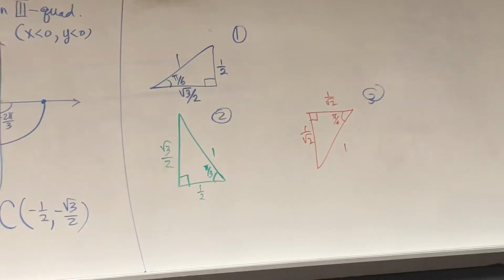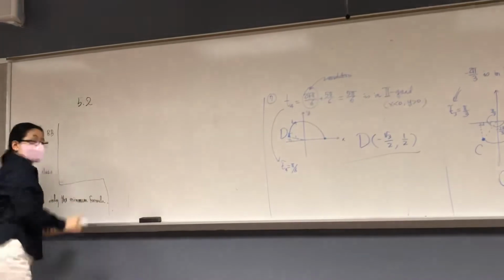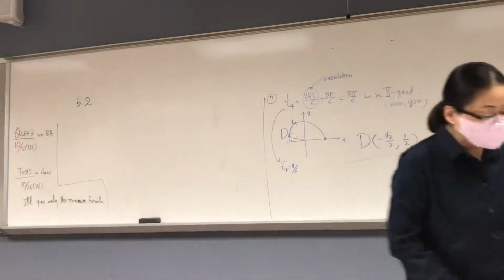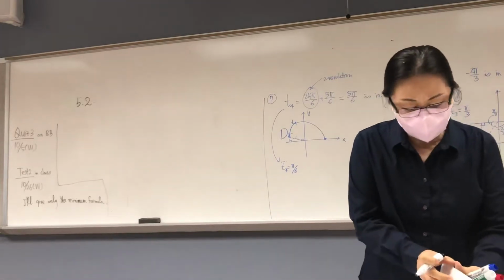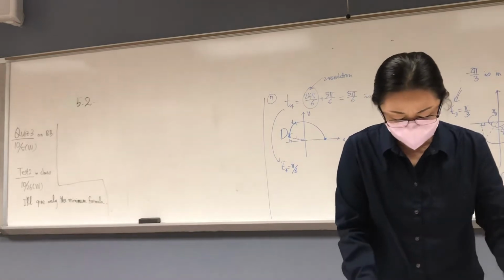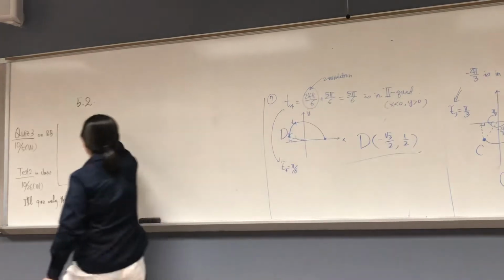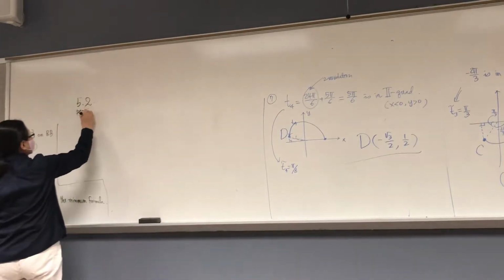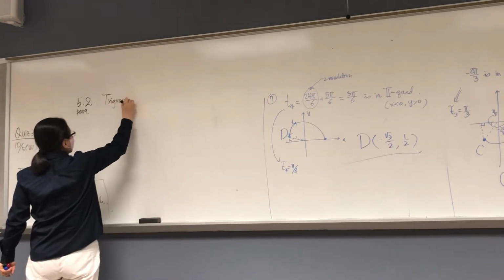Okay, so we finished section 1 and now move to section 2. In section 2, we will discuss why I skipped the exercise, because it repeats again from the next two. Here, 5.2, page 409. We're going to discuss trigonometric functions.